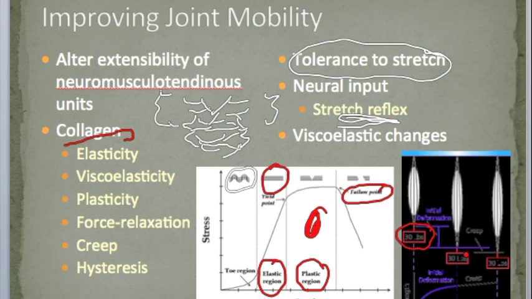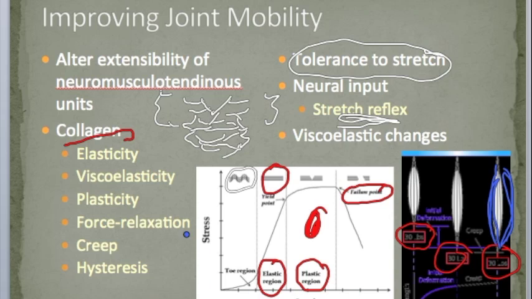Everything's just unwound and we're hanging out with our 30 pounds. Then this is still 30 pounds and this is still 30 pounds. But over time, as that same force is held onto that tissue, it starts to get longer. Even though it's the same force, over time, the tissue starts to lengthen even more.